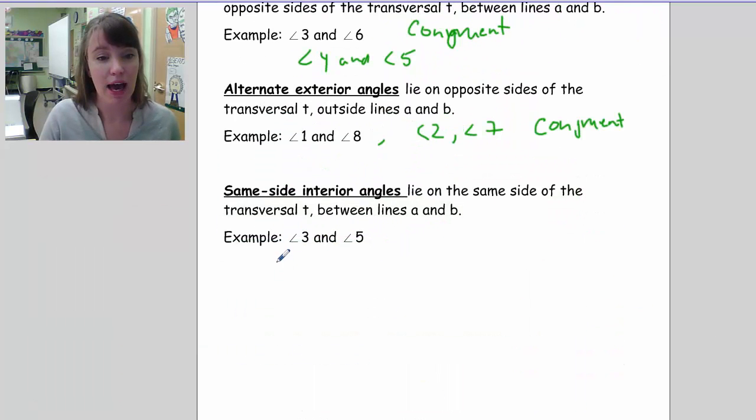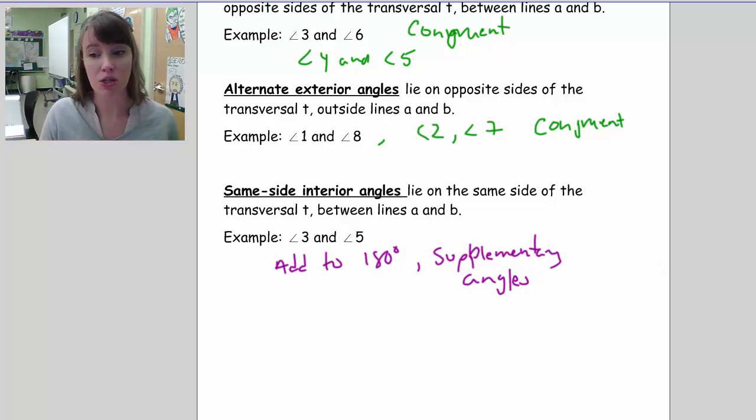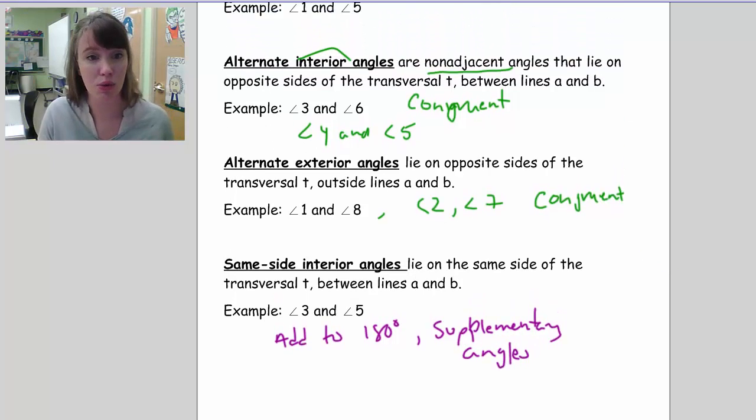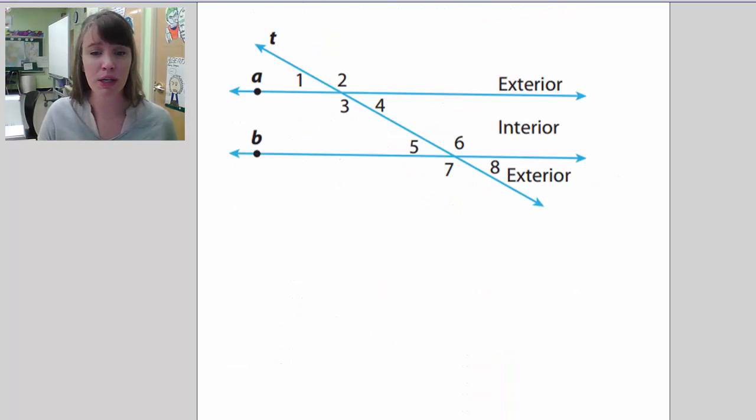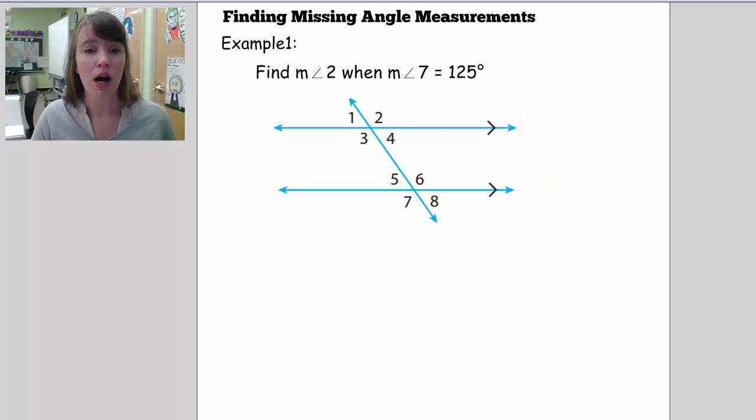This property is called supplementary angles. Most angle pairs that we studied are congruent, but these happen to be supplementary. We can use that in order to find a missing angle when we've been given an angle.